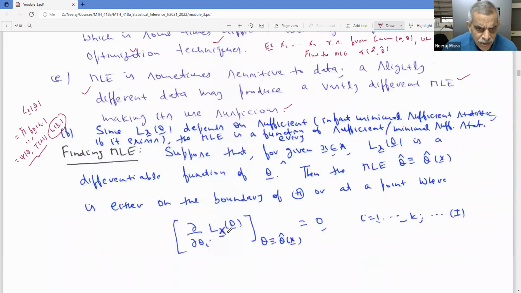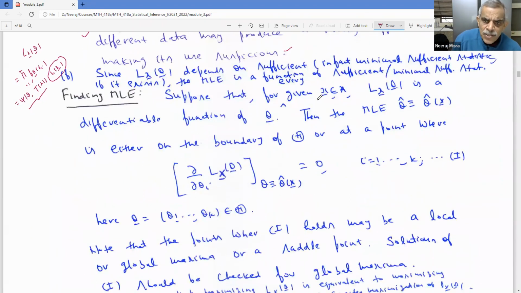Now let us look at how do you find MLE. Suppose that for given x in the sample space, Lx theta is a differentiable function of theta. Then you know that the maximum or minimum of a function would be either at the boundary or at an interior point.